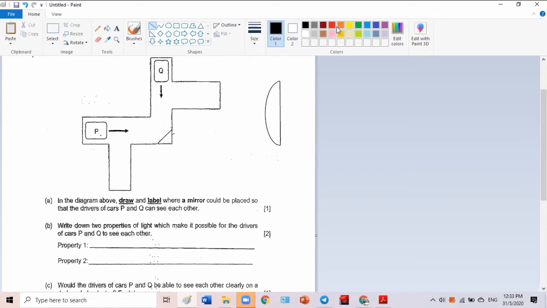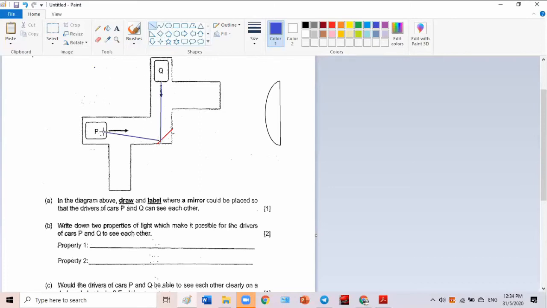Okay, people, understand why? Because if this car is coming here, well, this one was the mirror. So if this guy is coming in, you see, Q is sending a blue light, and this blue light will be reflected into the eyes of the P driver.